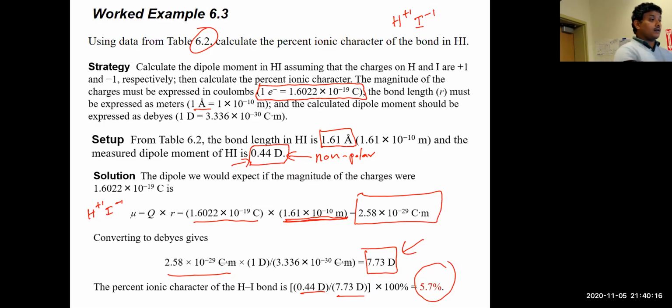So that's how we calculated here for HF, hypothetically if it has a +1 charge, and how much dipole moment it is going to have. Very simple calculation, and you are taking that over the actual dipole moment, which will be given to you. You don't have to calculate that, and you can calculate the percent ionic character like that.